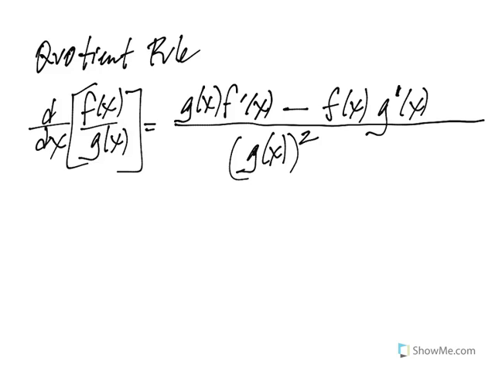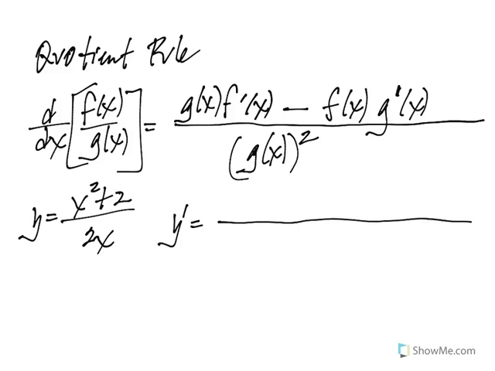All right, let's work through a couple of examples. Let's do y is equal to x squared plus 2 all over 2x. All right, and again, old rules, all the other rules that we've learned so far, will be mixed in with these quotient rules. So if I derive, I've got y prime is equal to, all right, let's just bring the bottom up to the top.